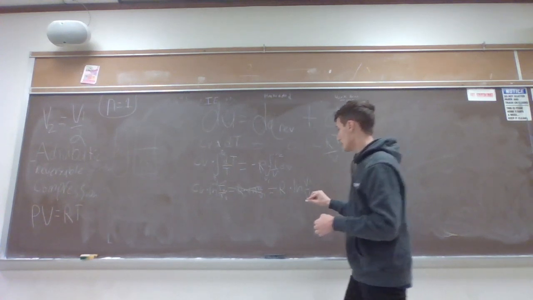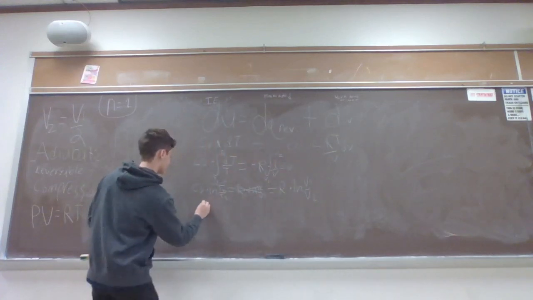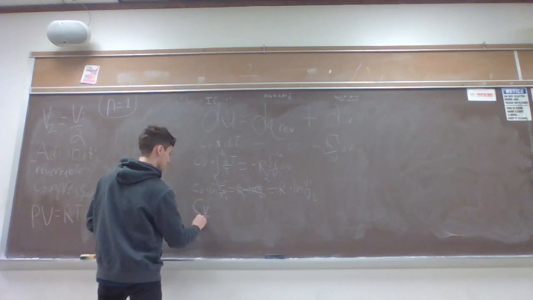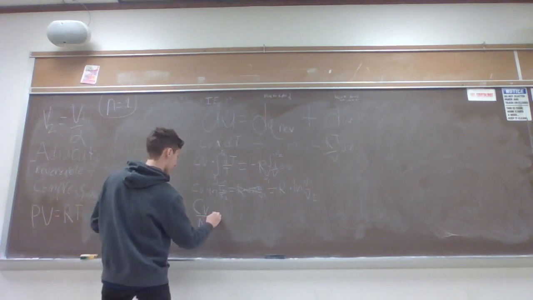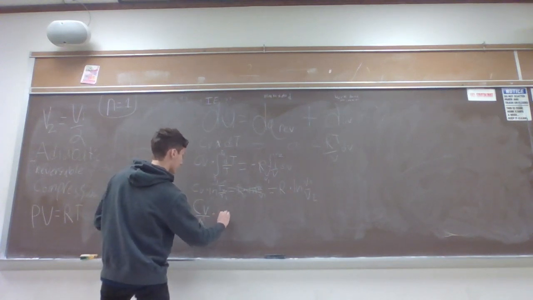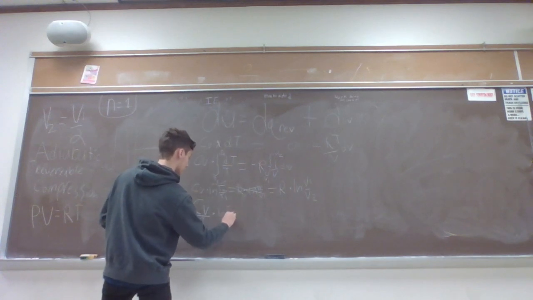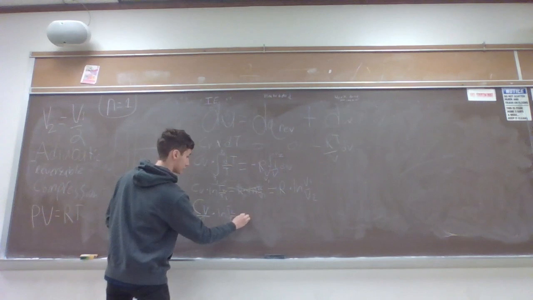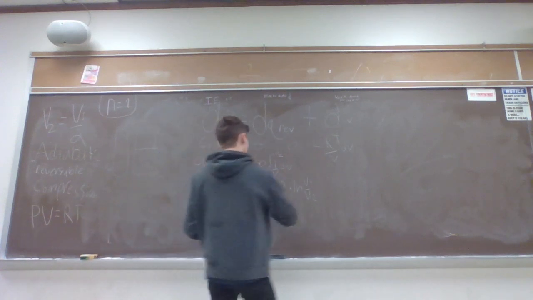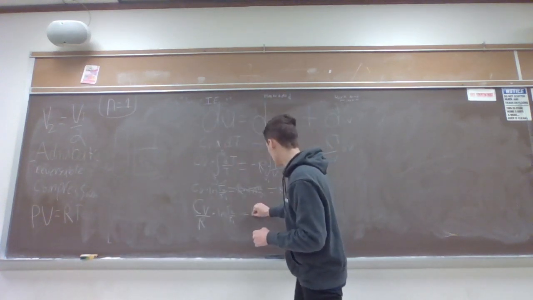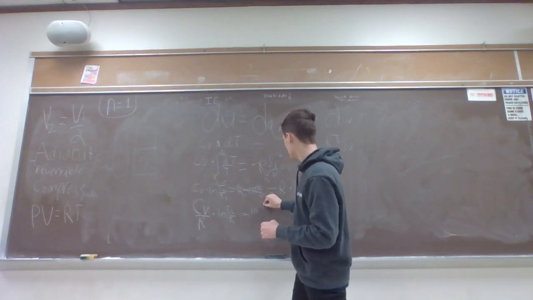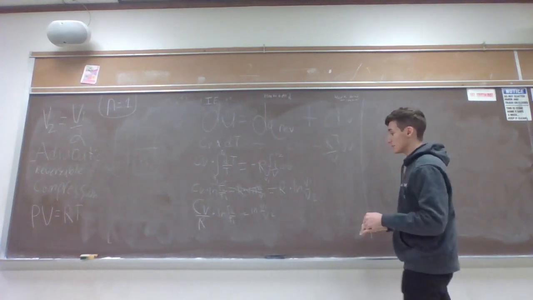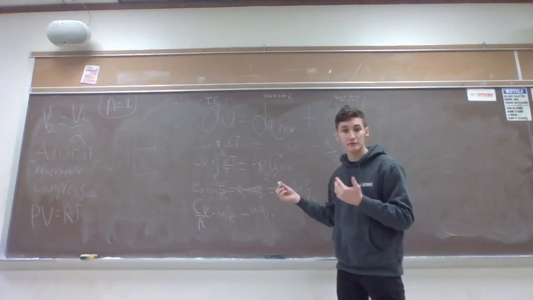So now we would have CV over R, as these are the constants, multiplied by ln of T2 over T1 equals the ln of V1 over V2. And what you want to do from there is get rid of this ln.